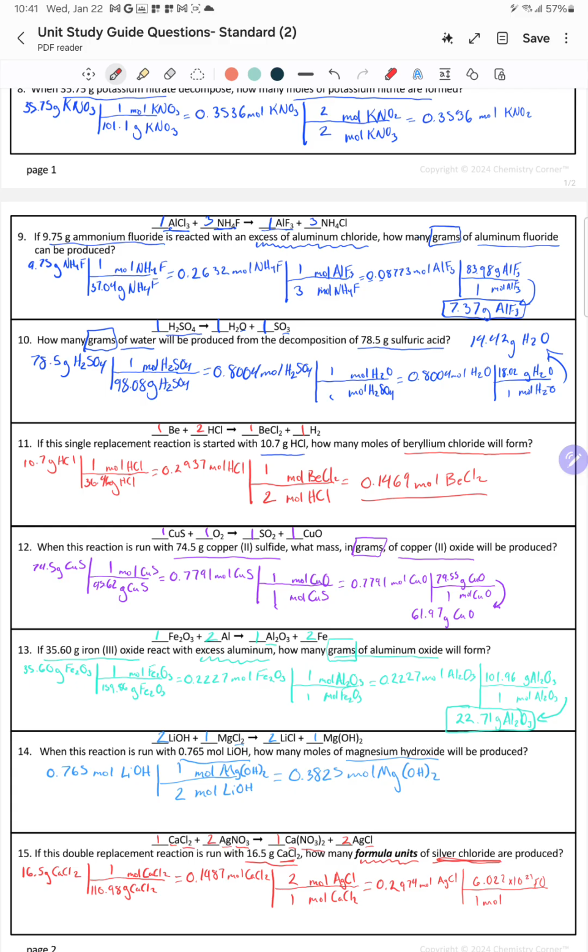And so we multiply this together, and you will get a total of 1.79 times 10 to the 23rd formula units of silver chloride. And that is all.